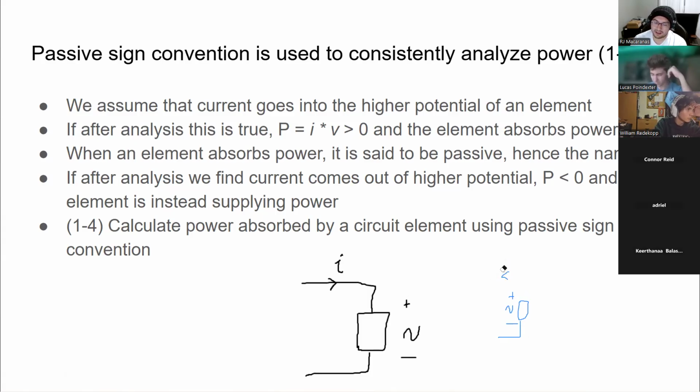It might make more sense once you go through some examples, but that's what the passive sign convention is. When we're looking at power, we're always thinking about the current going into the positive, the higher potential of an element. And so that's that.